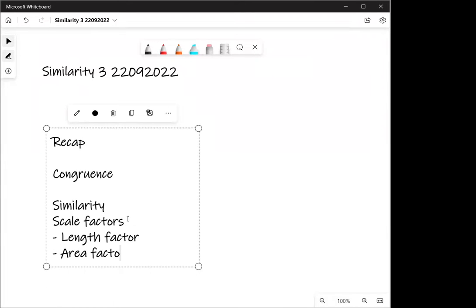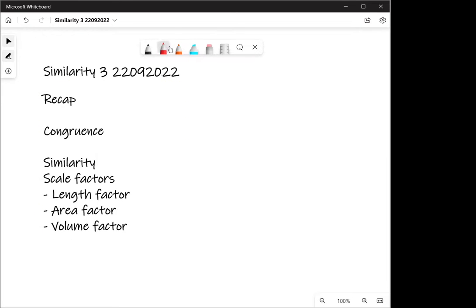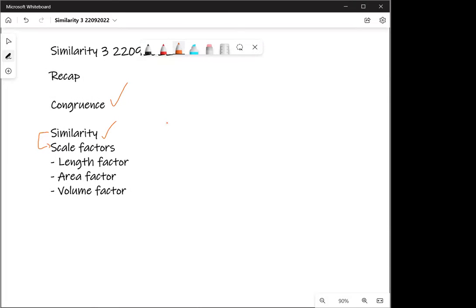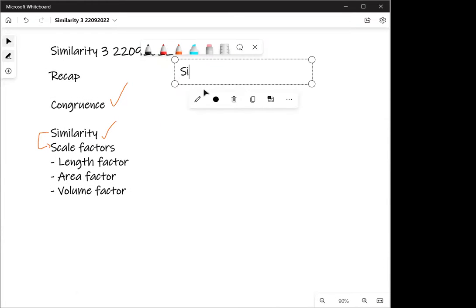And the third one is called volume factor. Okay, so we have done this. We did this. We're starting these guys in Similarity. So let's start revising Similarity a bit.